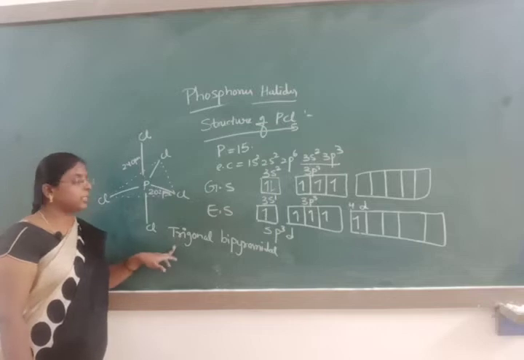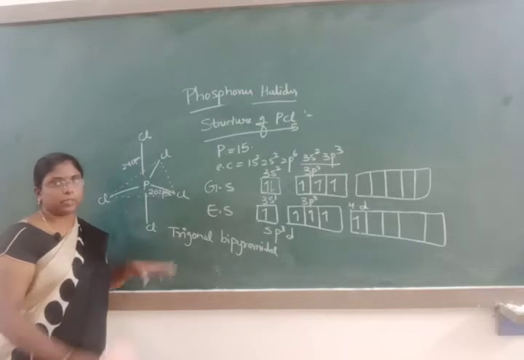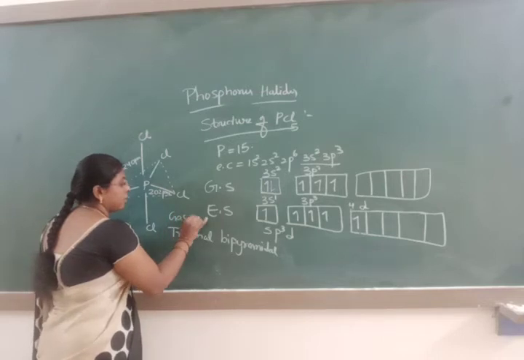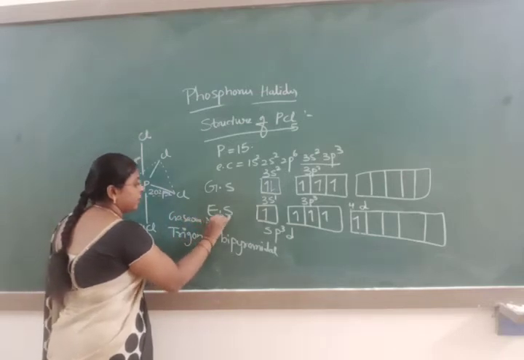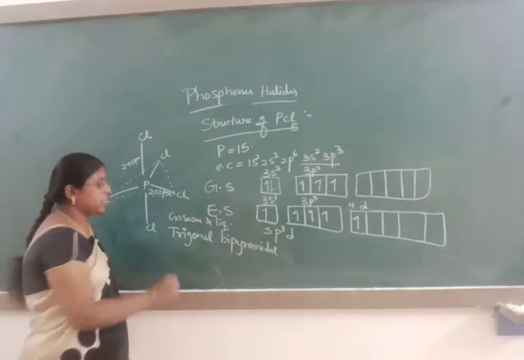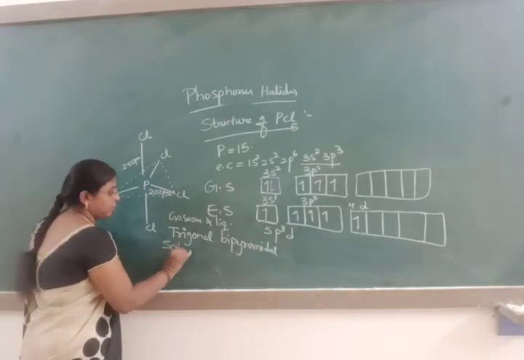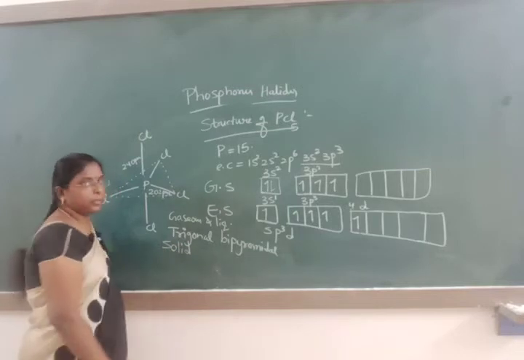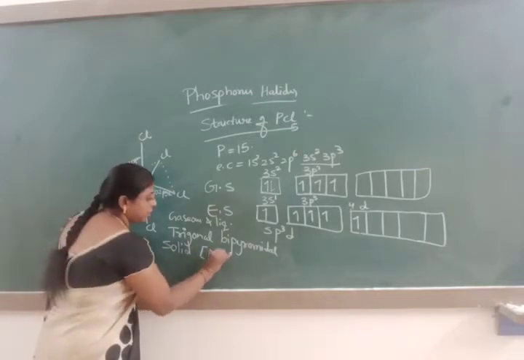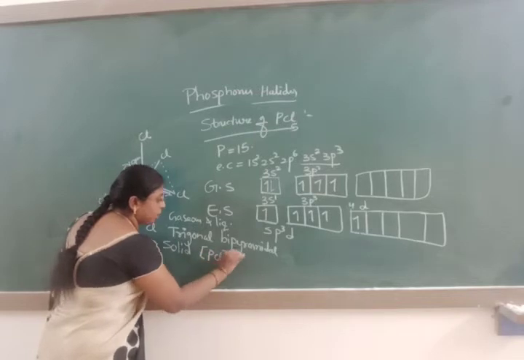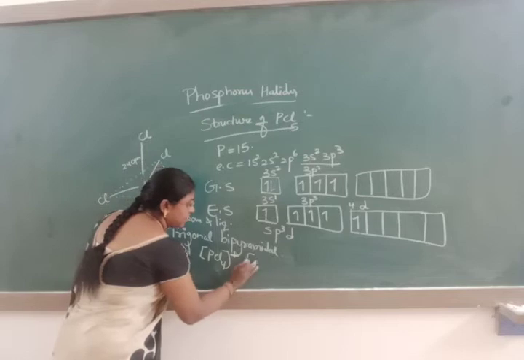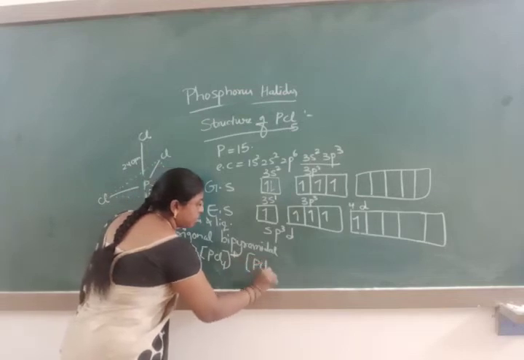PCl5 has a trigonal bipyramidal structure in the gaseous state as well as in the liquid state. But in its solid state, it does not have a trigonal bipyramidal structure. Here it exists as PCl4 plus and PCl6 minus.